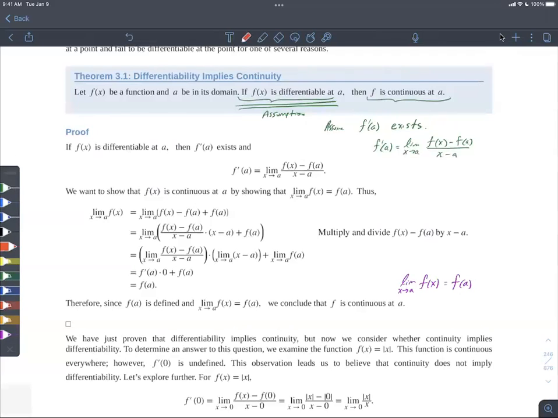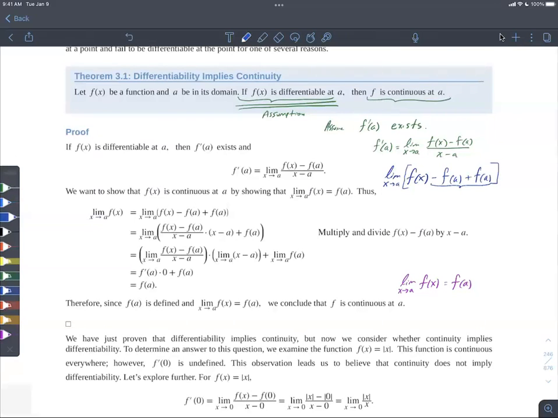First, let's start with looking at the limit as x approaches a of f of x. Well, what can we do with this limit here? We can actually, to this f of x, add and subtract f of a. Now, this is just for the proof here. You could say, well, sure, I can add something and take it away at the same time.